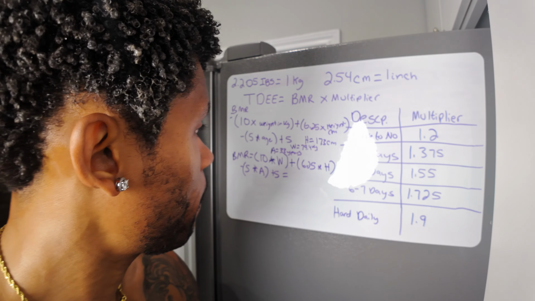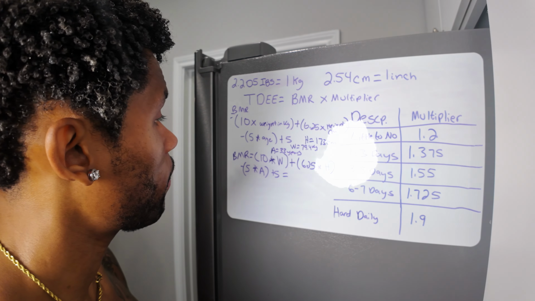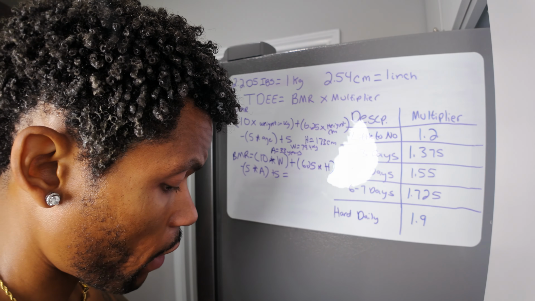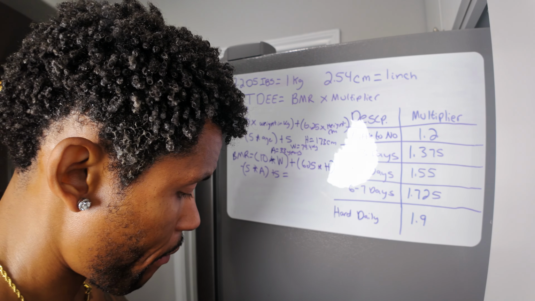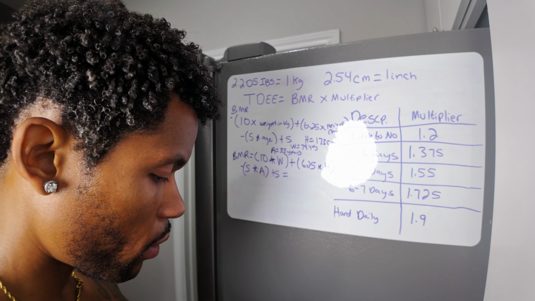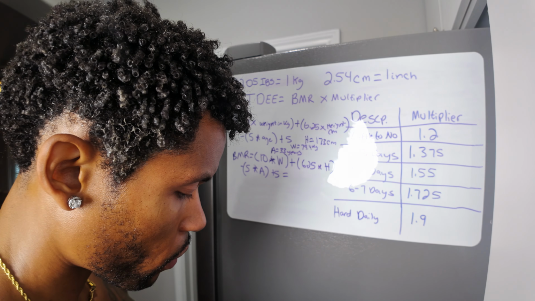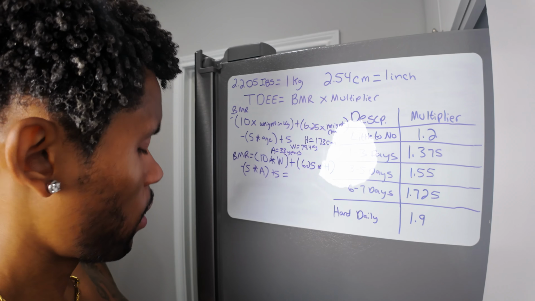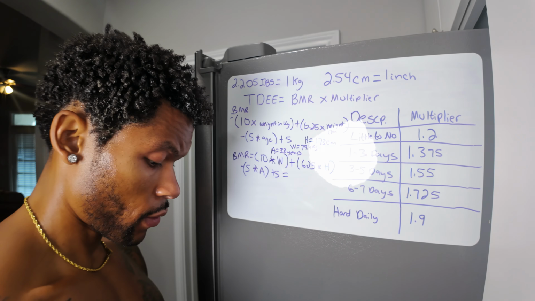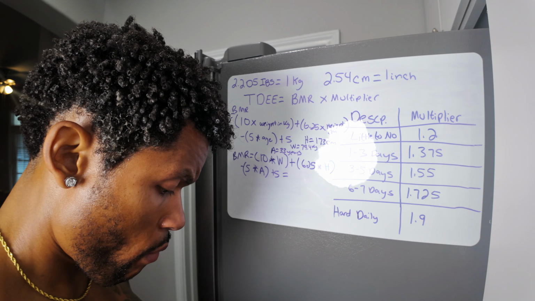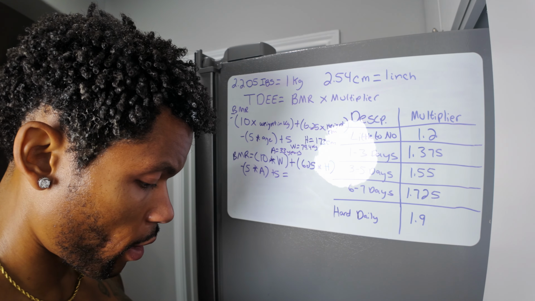Do the math real quick. So we got 10 times the weight, 79.4, plus 6.25 times the height, 173, minus 5 times my age, 33, plus 5.